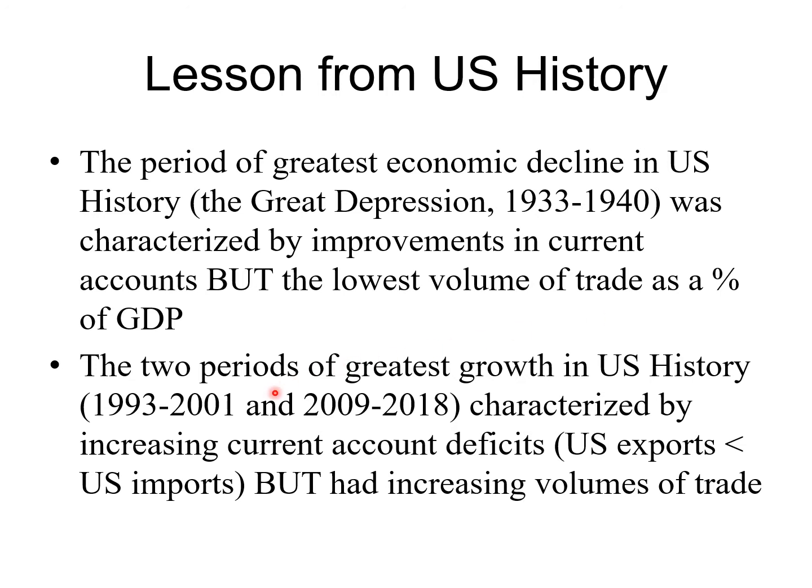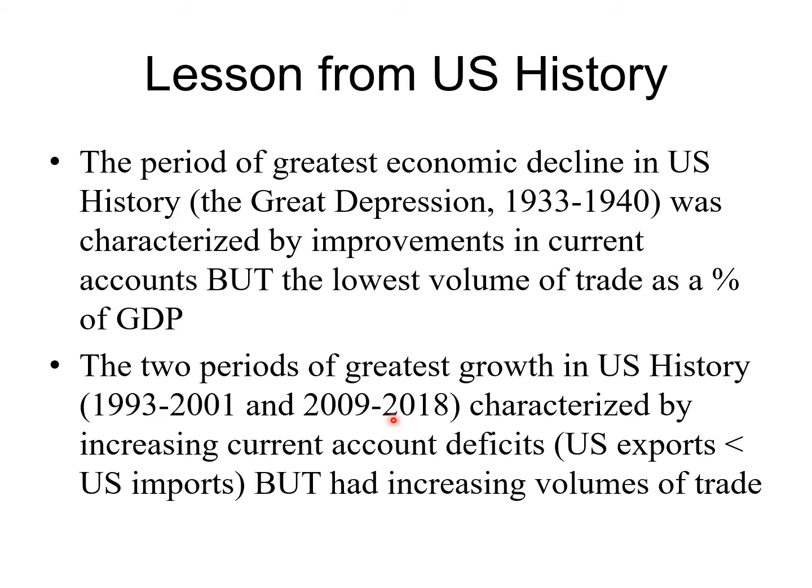Whereas the two periods of greatest growth in U.S. history, which were in the 1990s and most recently after the Great Recession in 2009 until today, are characterized by increasing current account deficits. Throughout the 90s, the U.S. ran current account deficits, particularly with the People's Republic of China.